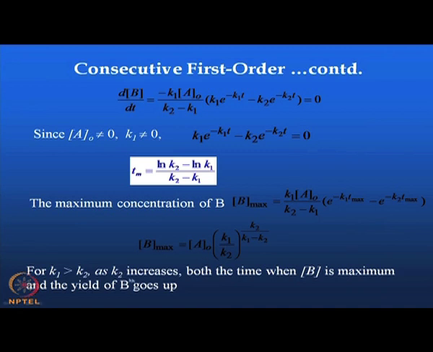That is why there is a relation, because this relation gives you how you can modulate this B max. You can modulate B max by changing K2, maybe by increasing temperature or something else. So, for K1 greater than K2, as K2 increases, both the time when B is maximum and the yield of B go up.